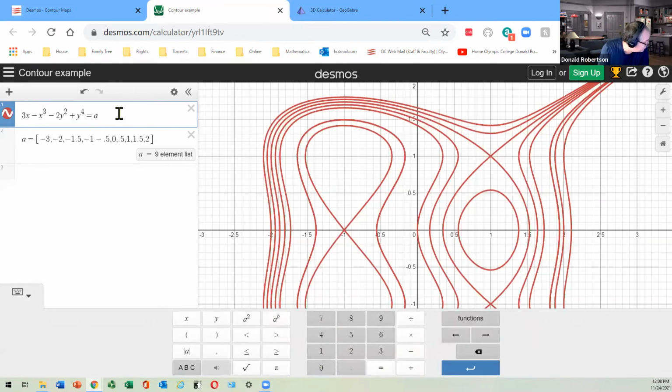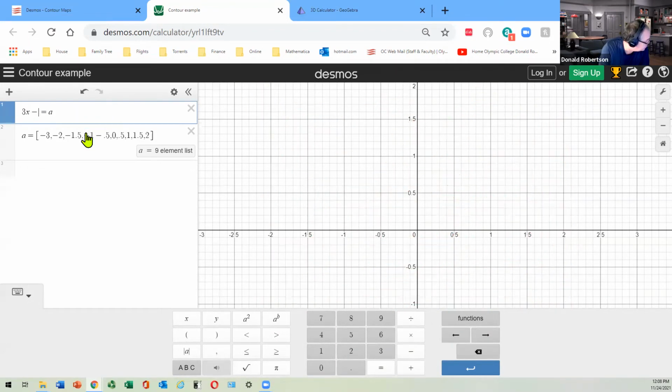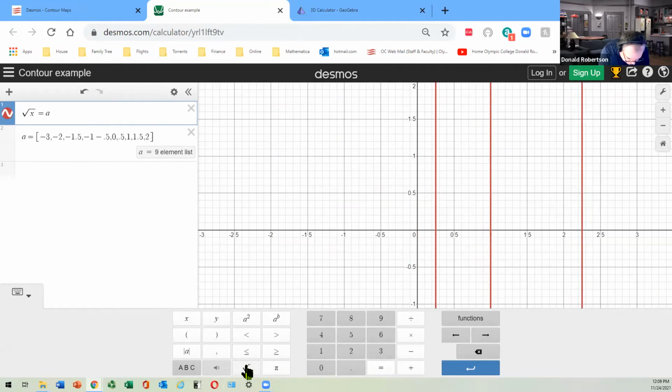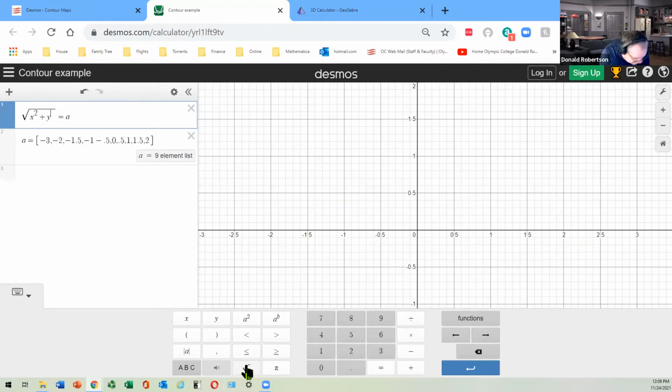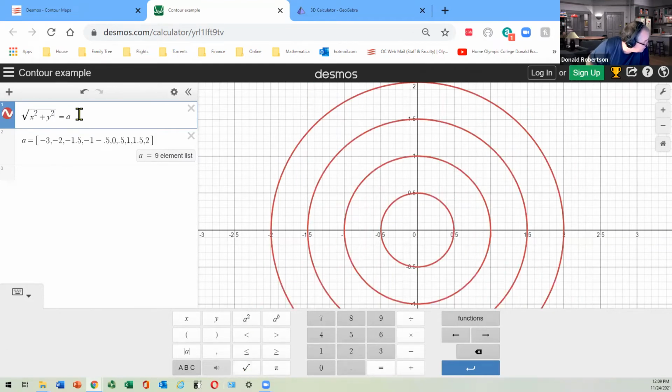Let me tidy this up first before we move on. So you would go square root of, say, x squared plus y squared. And just leave the equals a, because what that is doing is it's doing the heights, like at 1 and at 5 and at 10 and at 15, and it's drawing the thing. Well, there we go. That's a pretty nice looking picture.